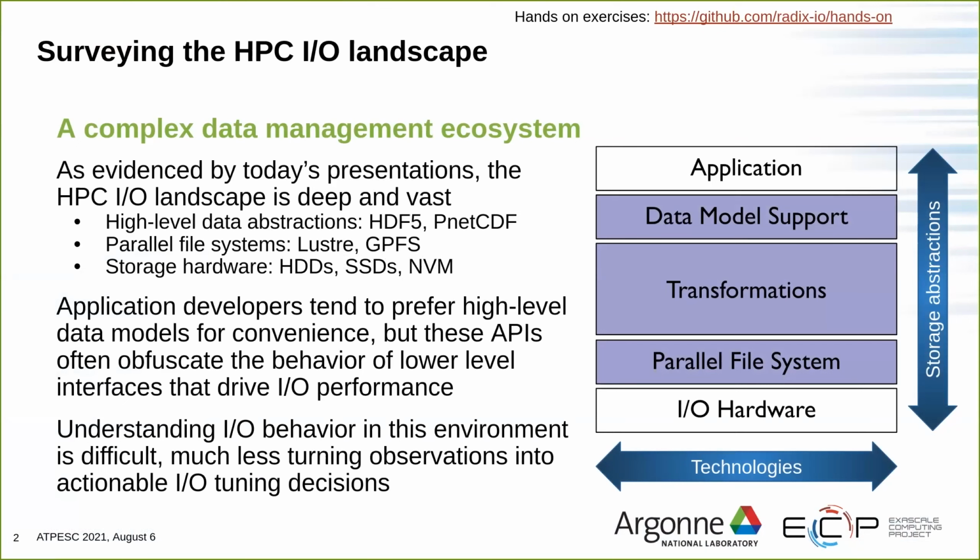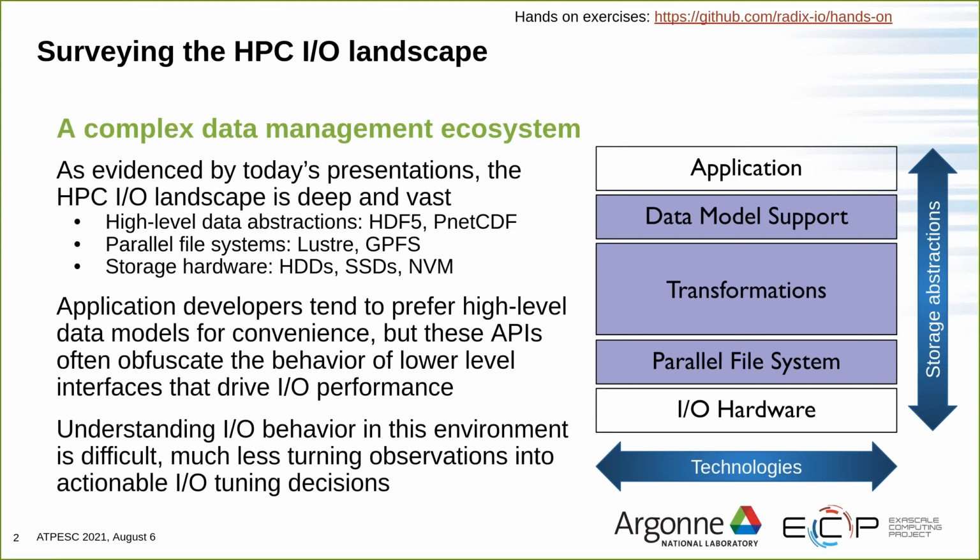But the background is that you have heard a lot of different presentations today, and they've evidenced that the HPC IO landscape is pretty deep and vast. There are a lot of different layers, as depicted here on the right. You start off with your application, and then you work through some data abstraction. At the high level, you've got HDF5 and PnetCDF, which we've heard about.